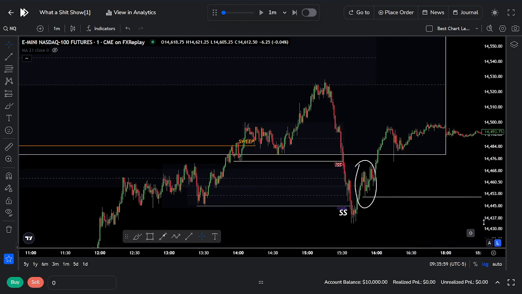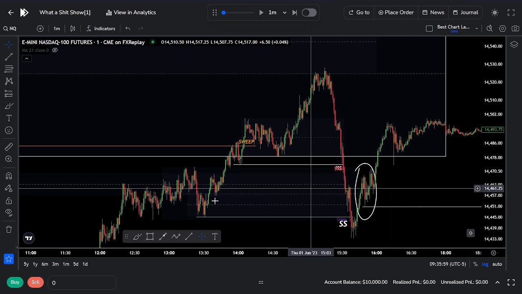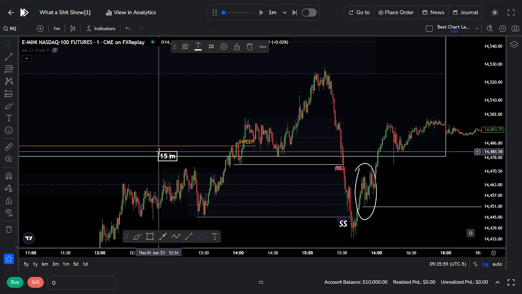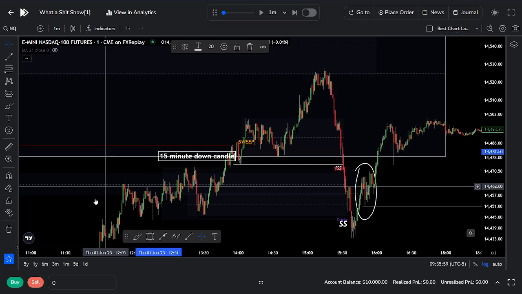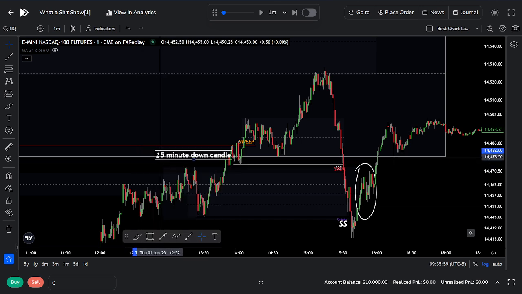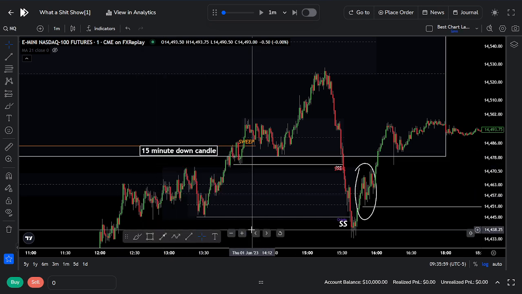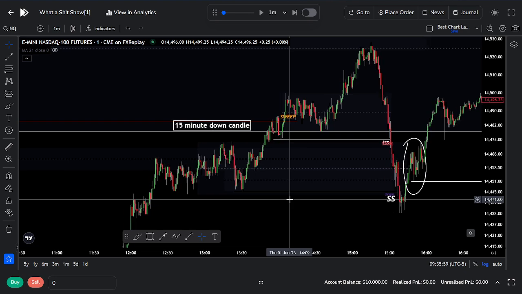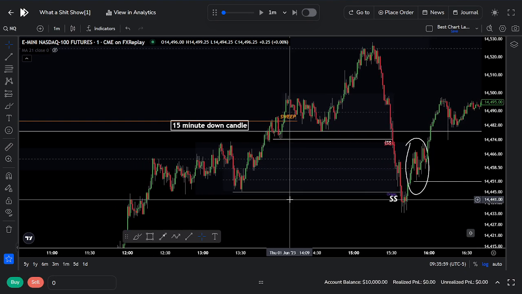these examples. So what we have here is a 15-minute down candle. Whether or not you want to classify the 15-minute down candle as a 15-minute area is up to you.